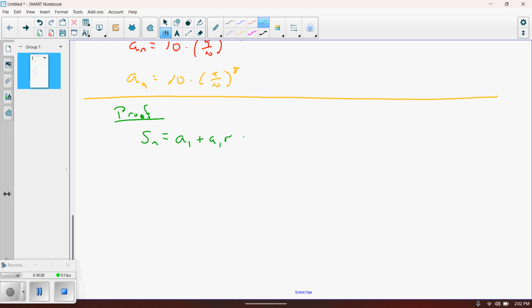My next term is what I get after I multiply the previous term by r, which will give me a times another r, which would be an r squared. There we go. And that's going to happen all the way up until we get to the n minus 1 term.